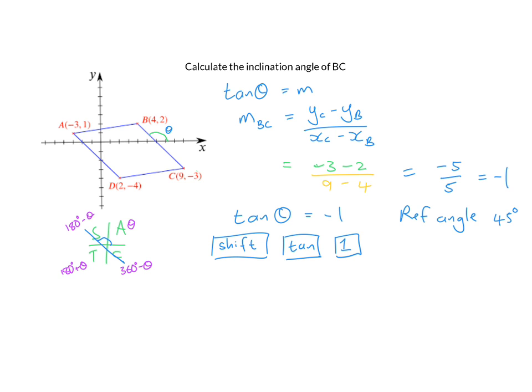Because we're now working in the second quadrant, we are going to deduct our reference angle from 180 degrees. So we will write that theta is not equal to 45, but it's equal to 180 degrees minus 45 degrees. And that gives us the answer of 135 degrees for theta.